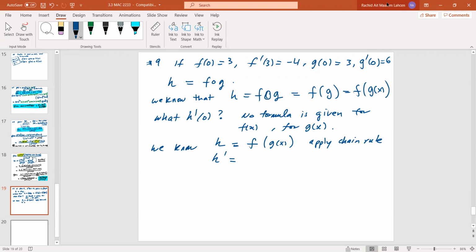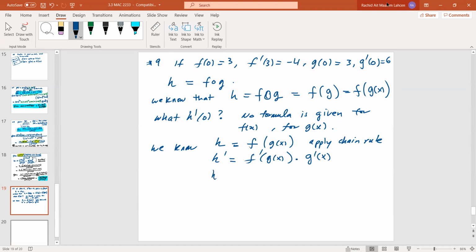If we memorized g prime of f of x times f prime of x, as we had in the beginning, it would be incorrect, but if we memorize it works outside to inside, we will still be correct. So the outside is f, so f prime of g of x times inside g prime of x.